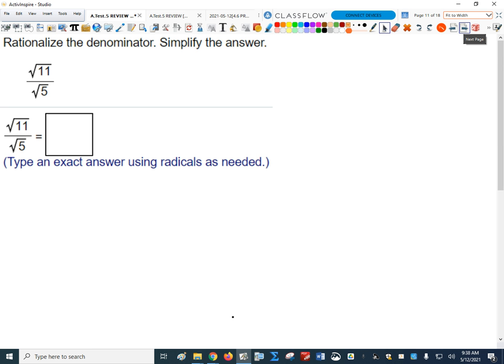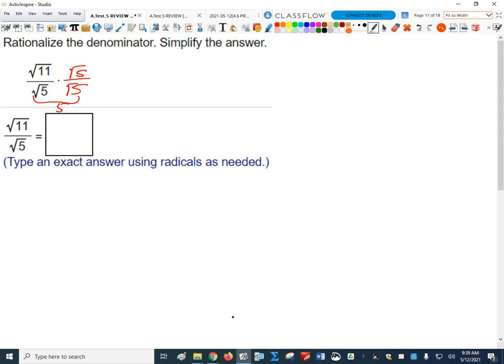Okay, what about this one? Top and bottom, right? Yeah. Okay, and how come? Brooklyn, what's wrong with this to begin with? Yeah, no radicals in the basement, right? So whatever the stranded square root is, I multiply top and bottom by that. Okay, so we get square root of 5 over square root of 5.